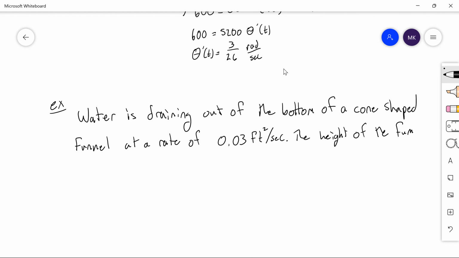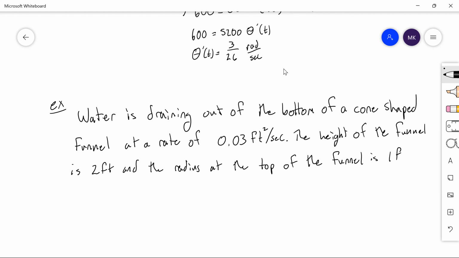The height of the funnel is 2 feet, and the radius at the top of the funnel is 1 foot.